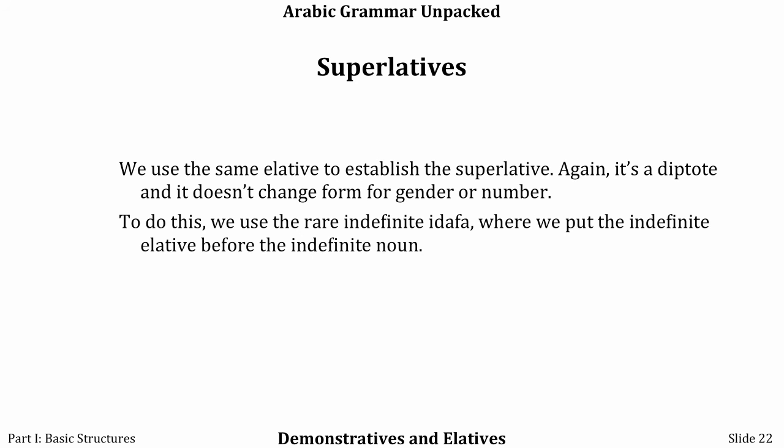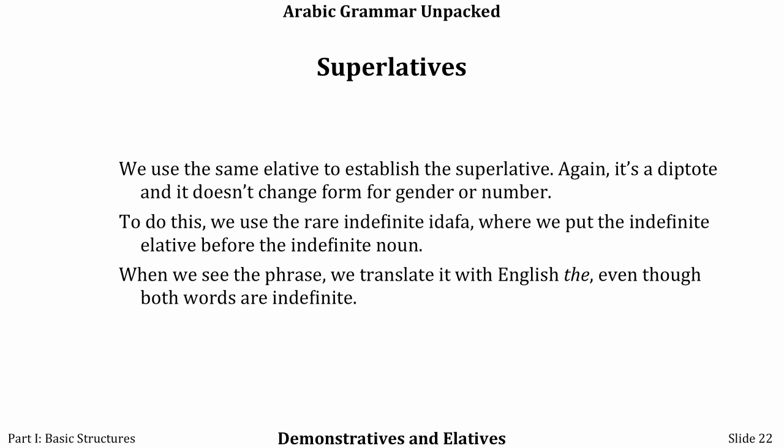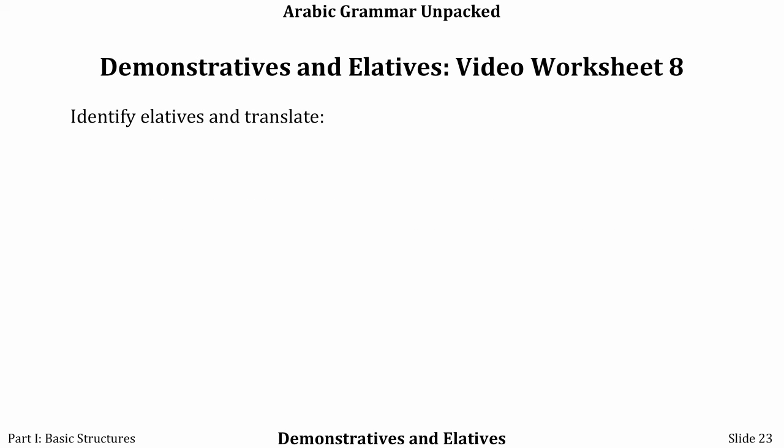To do this, we use the rare indefinite idafa, where we put the indefinite elative before the indefinite noun. So when we see the phrase, we translate it with English the, even though both words in Arabic are indefinite. This is best learned through examples. So take a look at Worksheet 8, translate it, come on back.